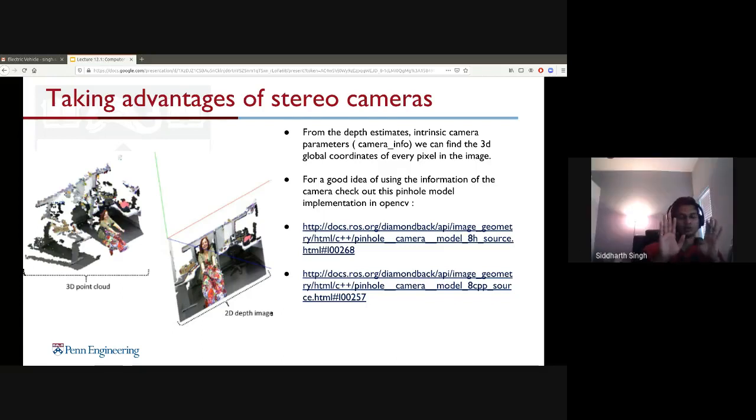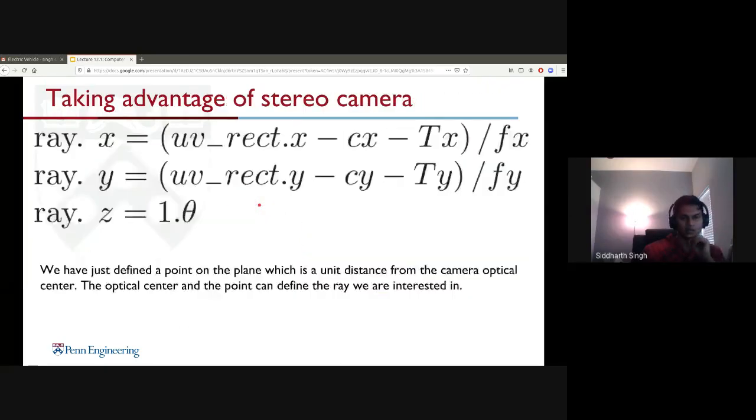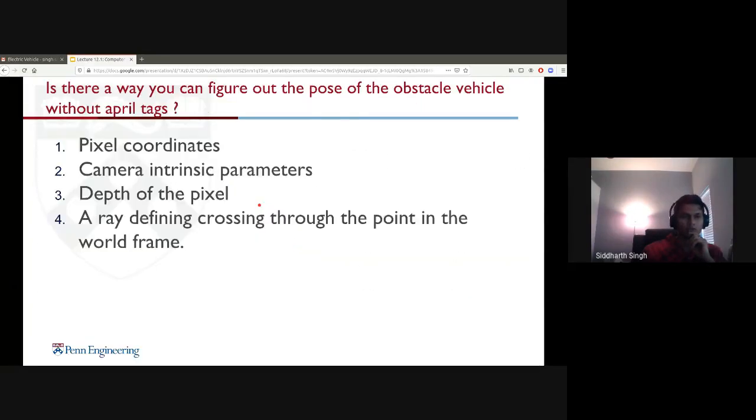Let me point it out to you this way. You do have two cameras, right? The x minus x dash. That's a good catch.